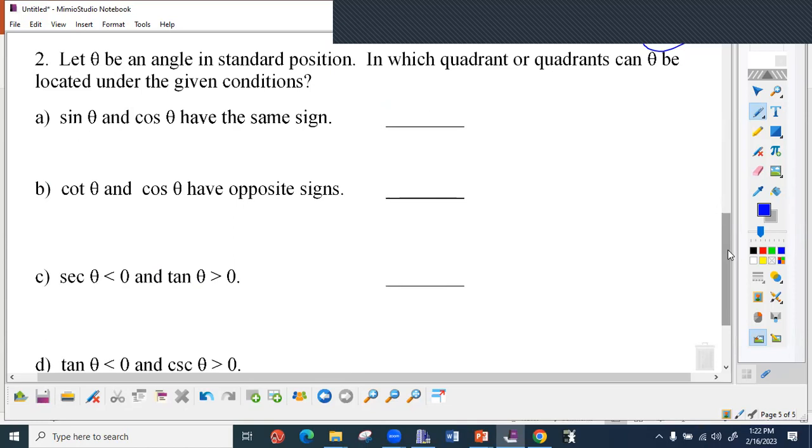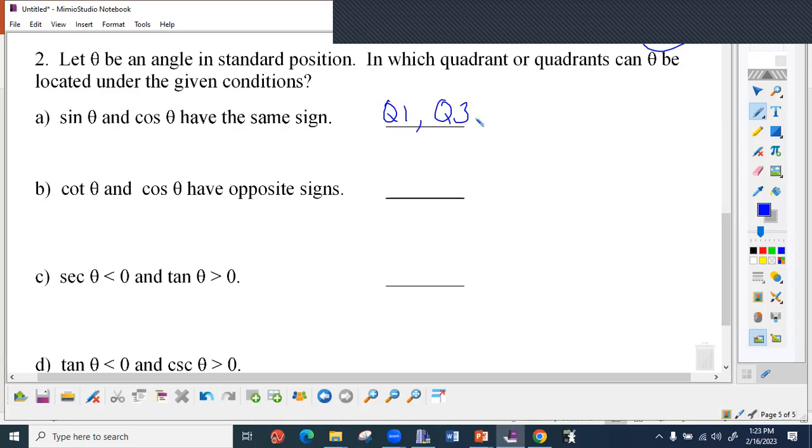All right, so if we let theta be an angle in standard position, in which quadrants can theta be located under the given conditions? I want sine theta and cosine theta to have the same sign. In what quadrants do sine and cosine have the same sign?